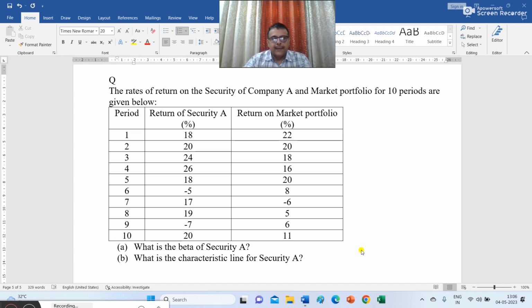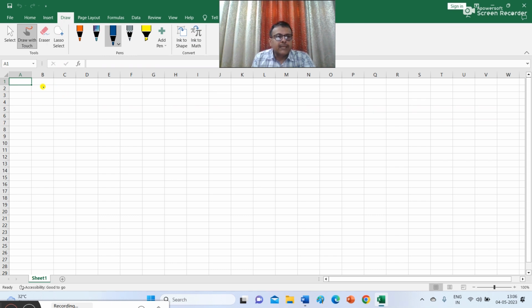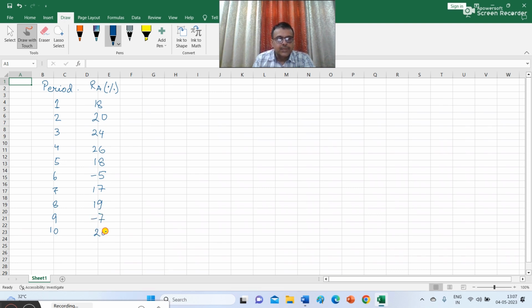So in the first column, I am writing the period from 1 to 10. In the next column, I am writing the return of security A, which is given in percentage as RA. So 18, 20, 24, 26, 18, minus 5, 17, 19, minus 7, and 20.